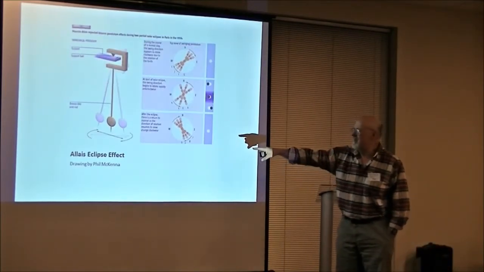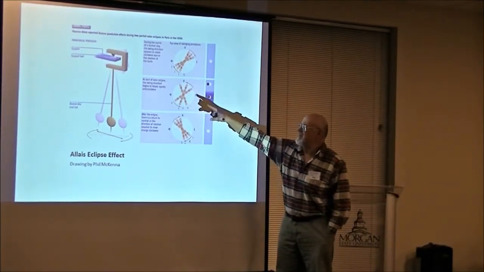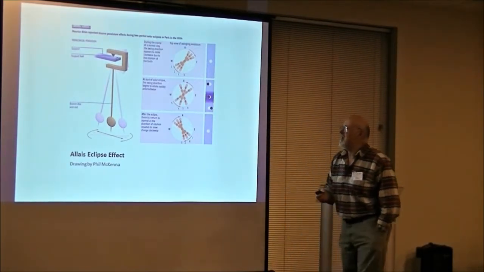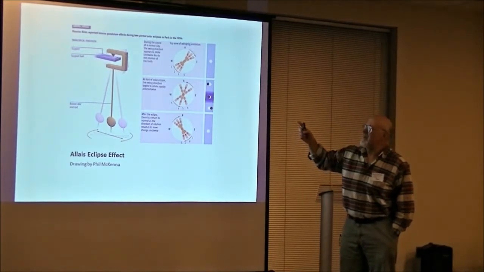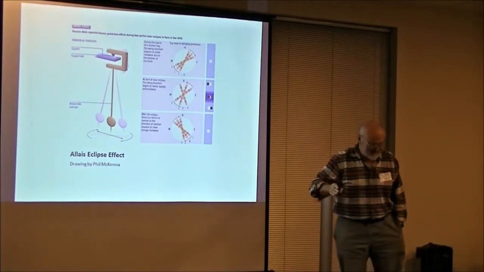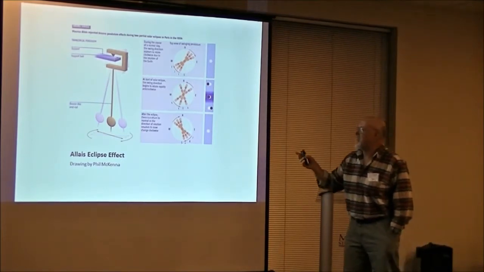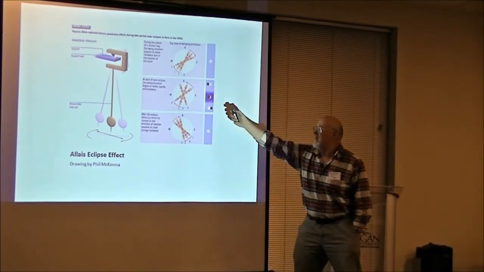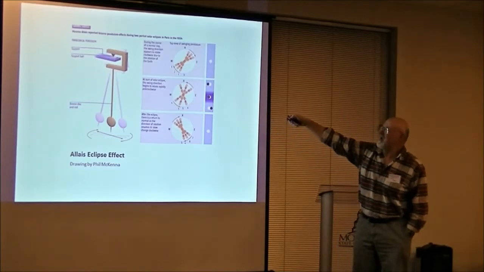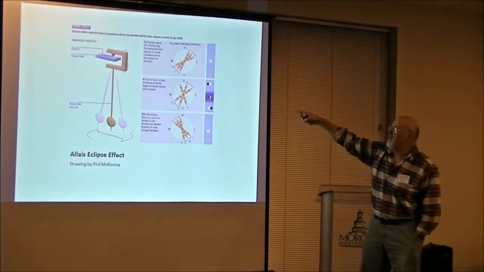This is an illustration by Phil McKenna, and this is a paraconical pendulum. And this is the anomalous precession that some people allege happens during an eclipse. Normally, a pendulum should precess clockwise.